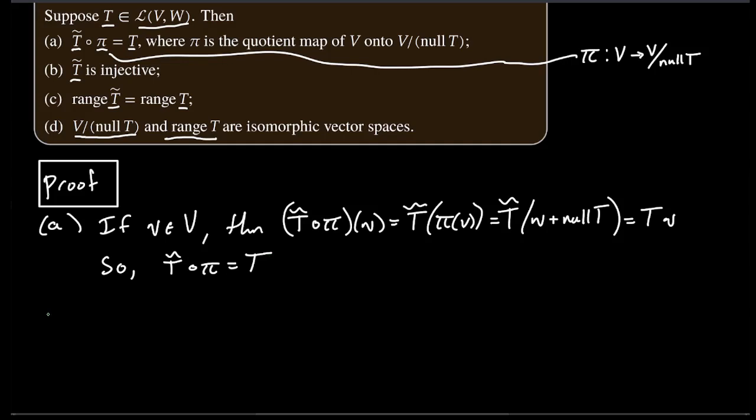Okay. Injectivity. All right. Suppose T tilde of V equals T tilde of U. Or I should write this more precisely, because T tilde doesn't take V's and U's. It takes a V plus a null space of T, and a U plus a null space of T. So suppose T tilde of some element of the quotient space is equal to T tilde of some other element.